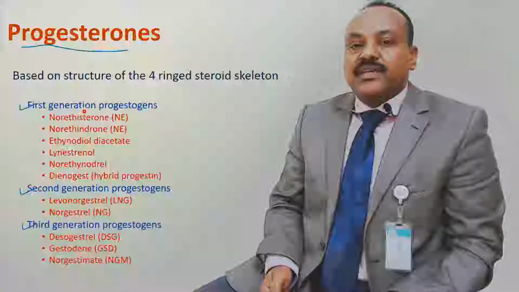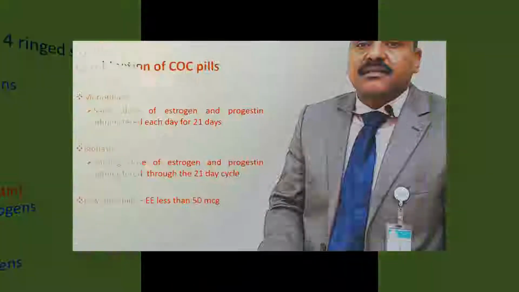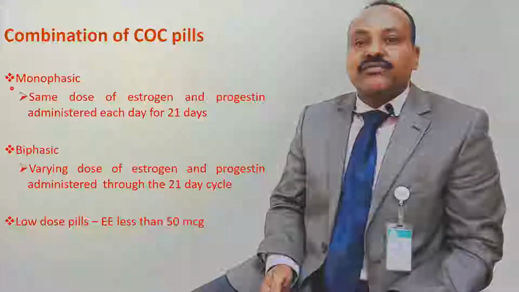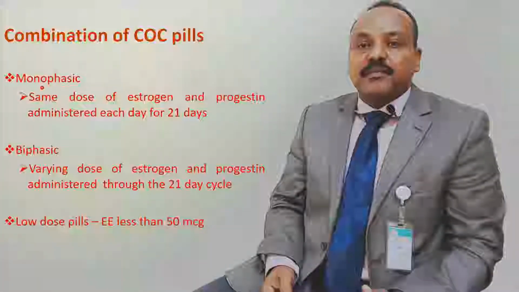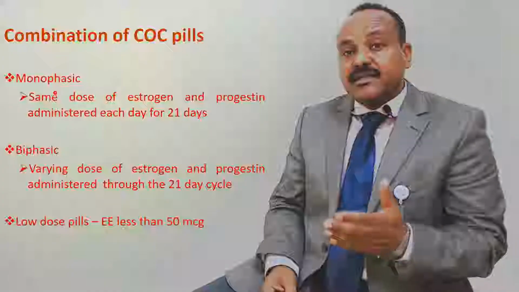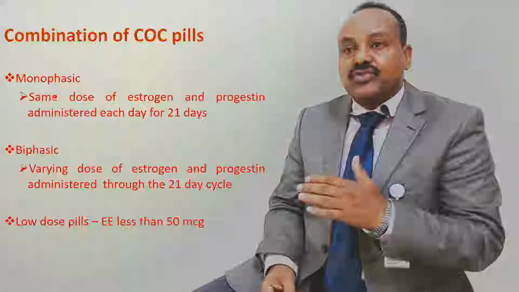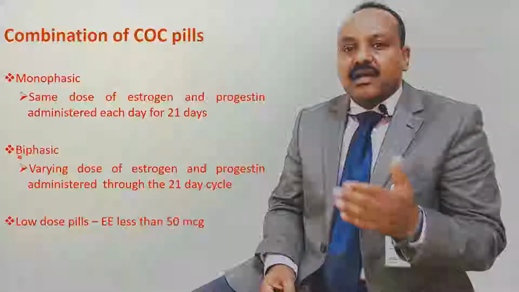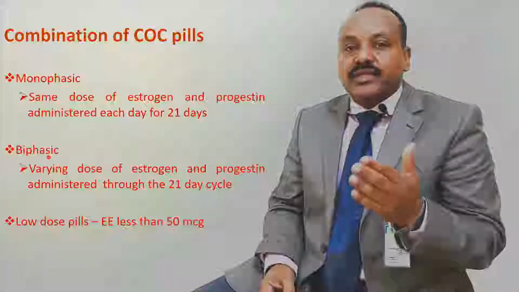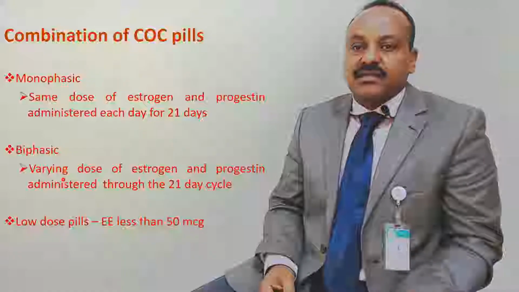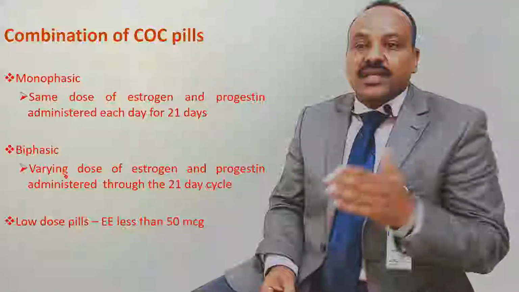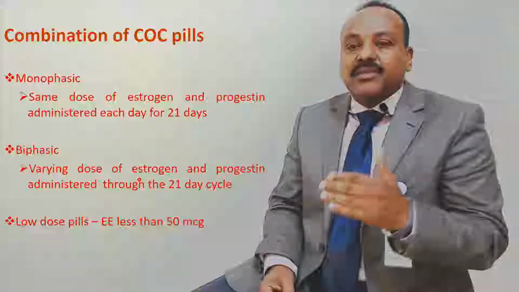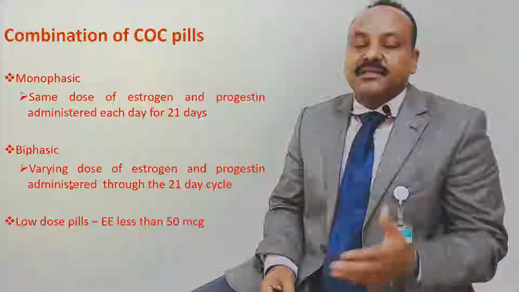What is monophasic, what is biphasic, and what is triphasic? Monophasic means this preparation or this tablet contains the same concentration of estrogen and progesterone. Biphasic contains different concentrations, varying doses of estrogen and progestin administered through the 21-day cycle.